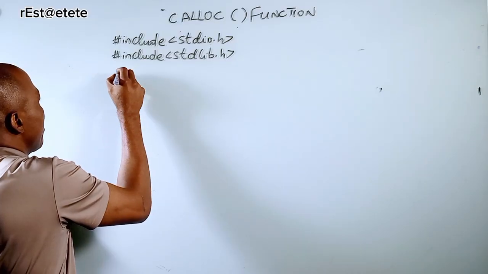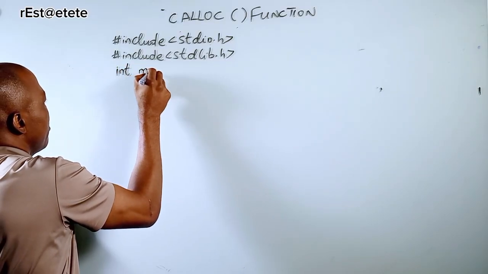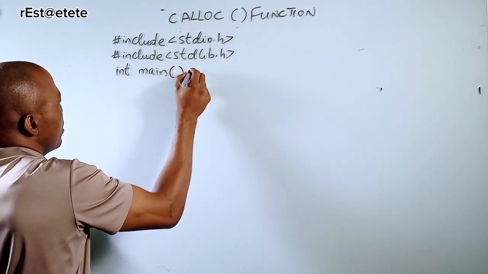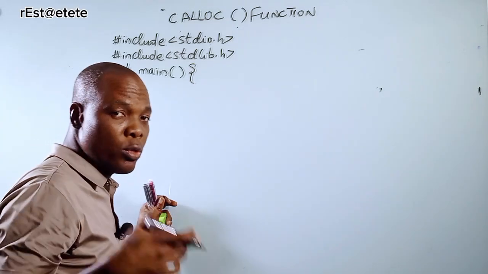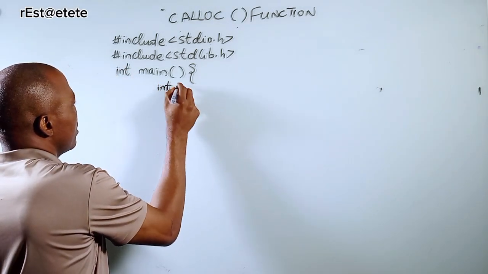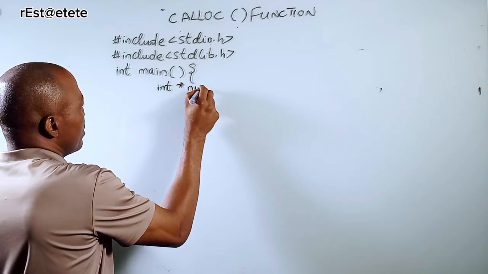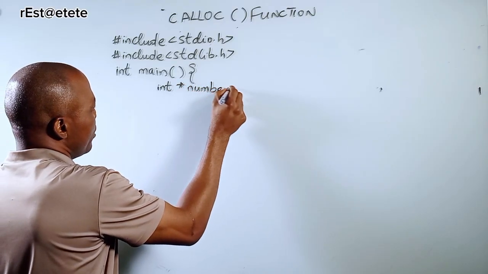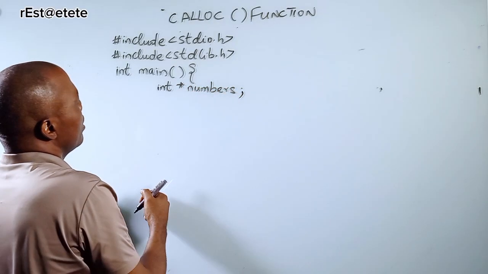So I'll bring in my main, int main function. Inside it, I'm going to declare the same pointer, int pointer numbers. At this point, memory has not been allocated, right?